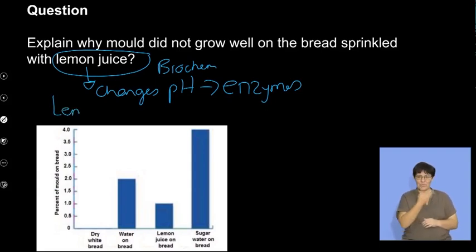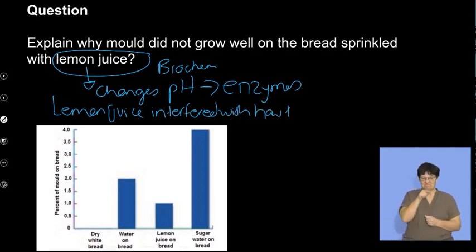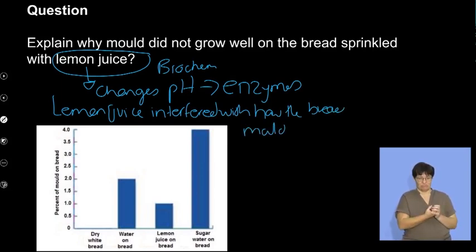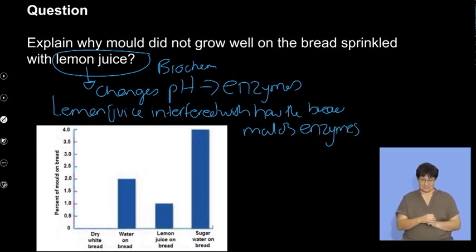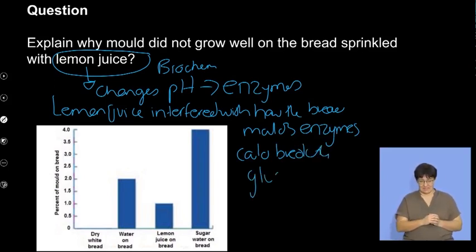The lemon juice interfered, I'm going to use the word interfered, with how the bread mold's enzymes, this is a difficult question, could break down the glucose in the bread.